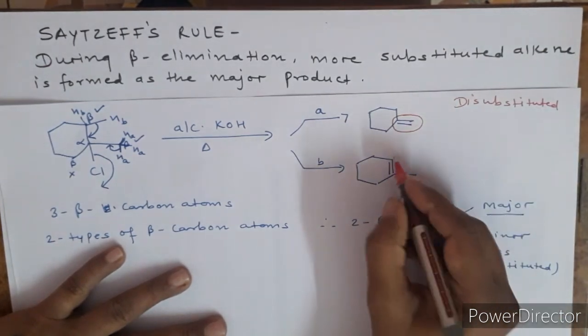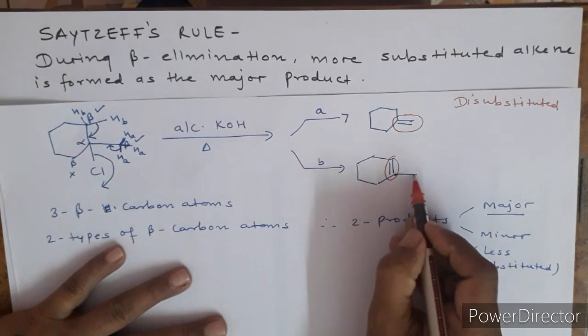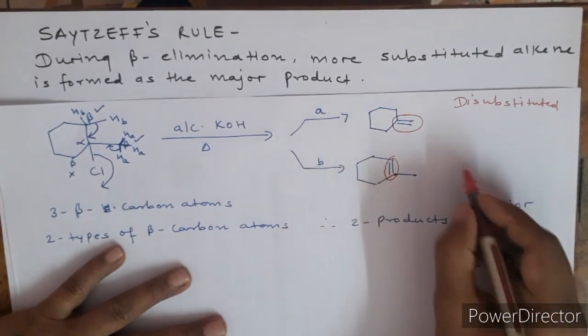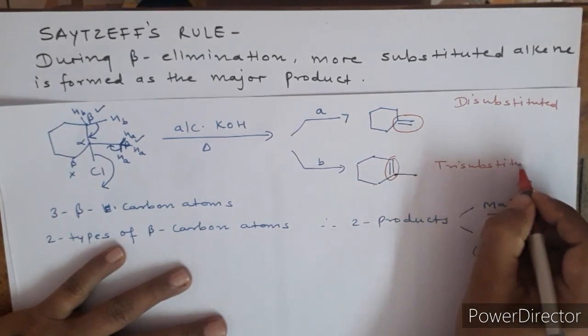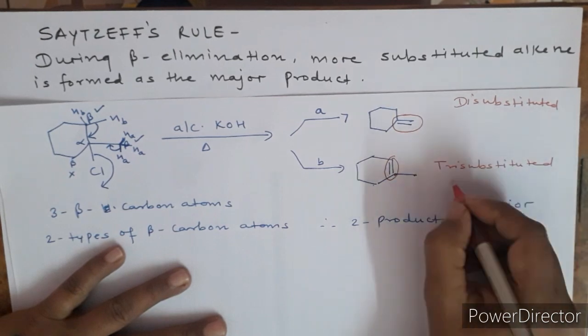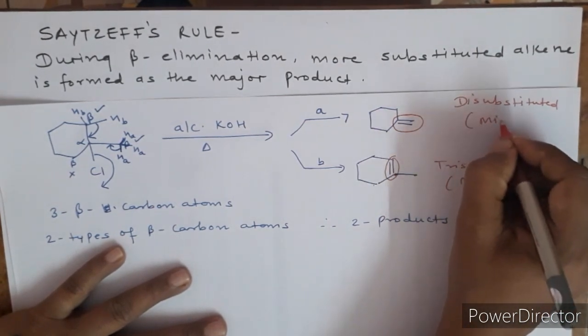And look at this. It has got 1 carbon here, second, 1, 2, and third. This is going to be a tri-substituted alkene. So definitely the tri-substituted alkene is the major product, and this is the minor product.